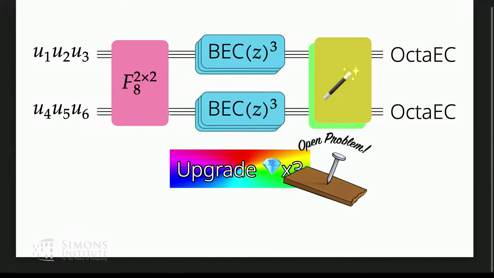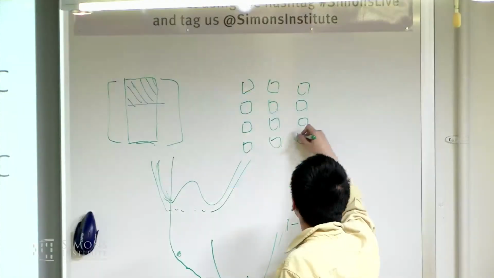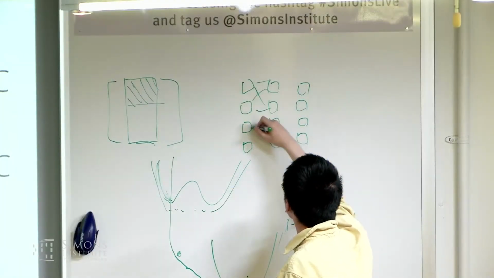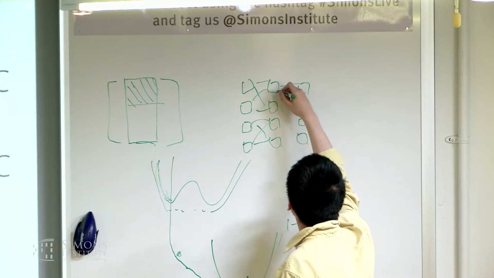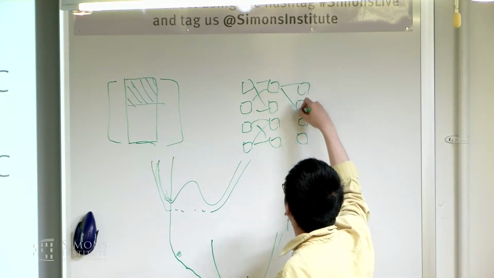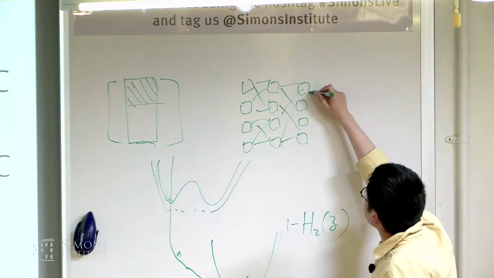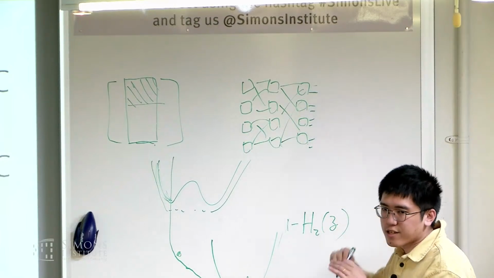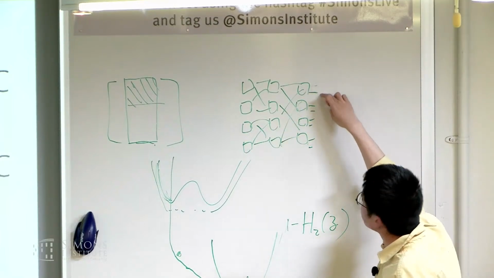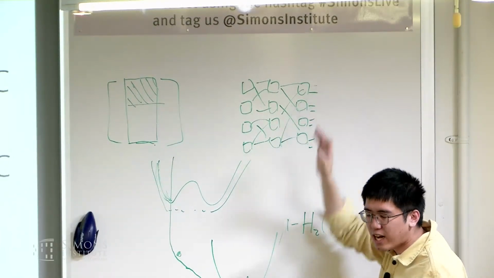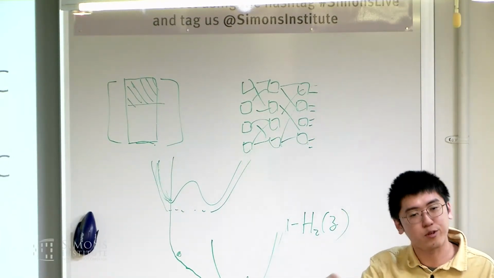So you draw a very big circuit, but it's finite, and you get these channels, and we get a complete description of the channels.